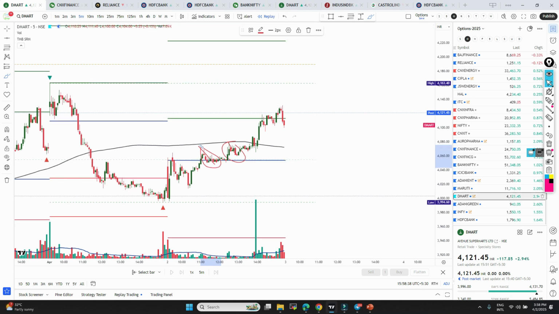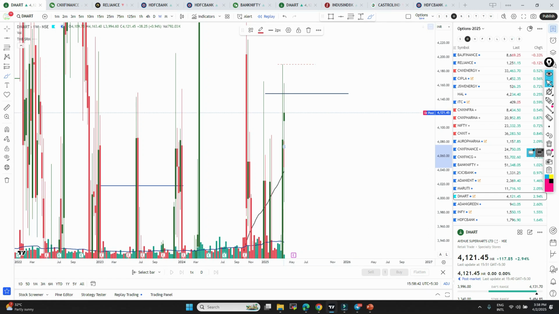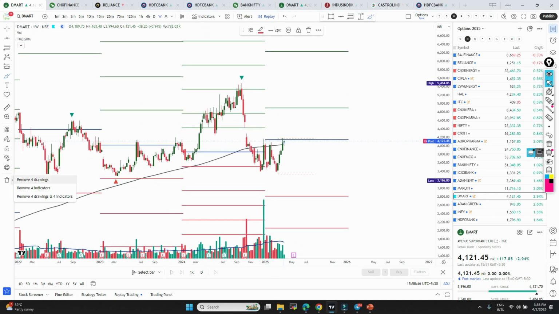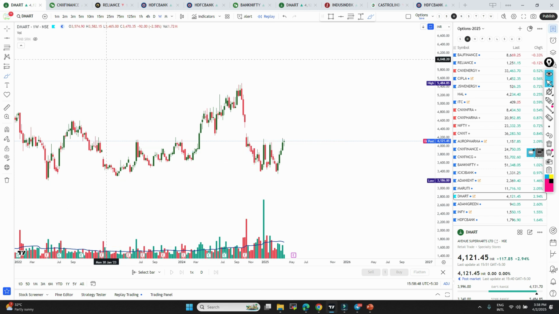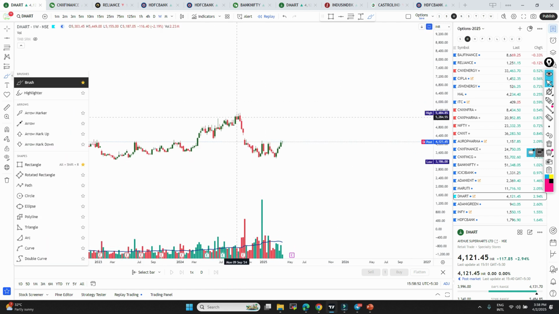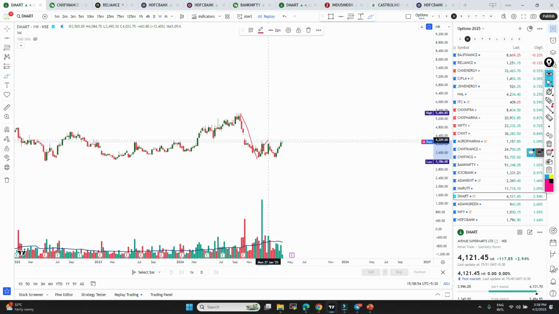Also, this DMart came out of bearish territory. If you see the DMart, the structure is nicely formed. Now it is actually long. We can enter the trade here. Some gap is there.